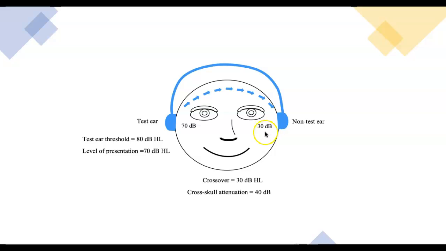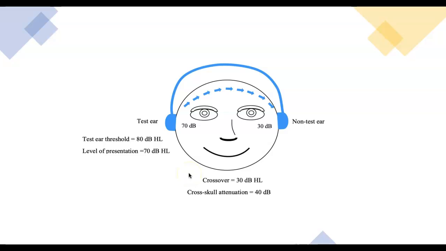Now, if their threshold in this non-test ear at that frequency is like 10 or 15 dB, guess what? They're going to hear it, and you're going to think that they heard the sound in the test ear at 70 when indeed their thresholds are actually 80 dB. But because they hear it on the non-test side, you put a false result down.